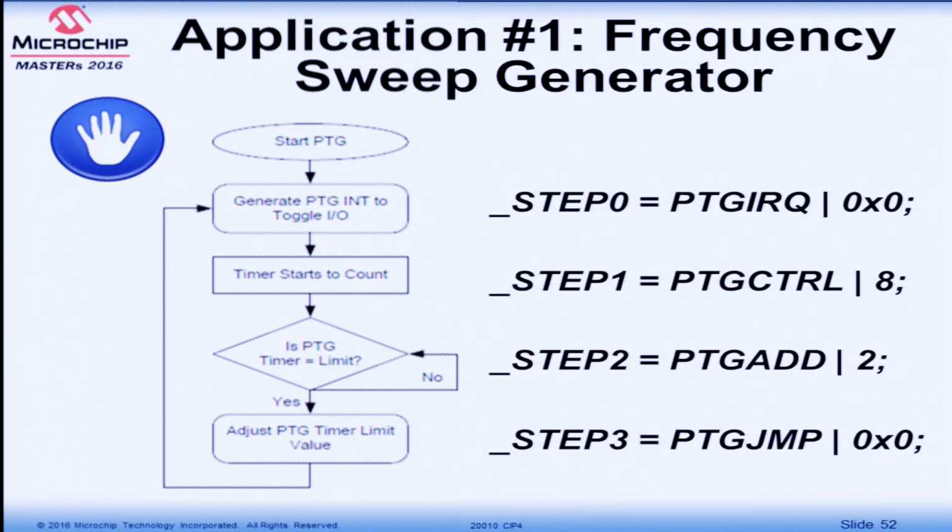That is assuming an IO pin toggling is used to generate the actual waveform. And as you can see from the hand symbol, this is one of the hands-on labs in the Open Lab session 20011. So initially you generate a CPU interrupt, so that the CPU would then use that interrupt service routine to simply toggle an IO pin.